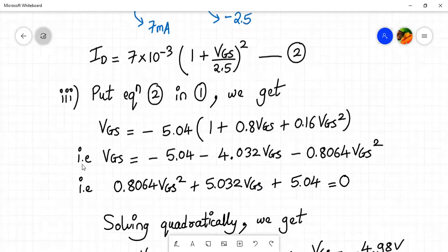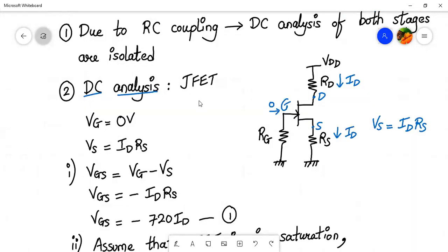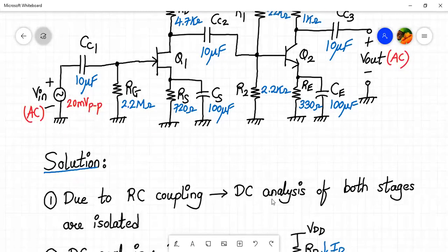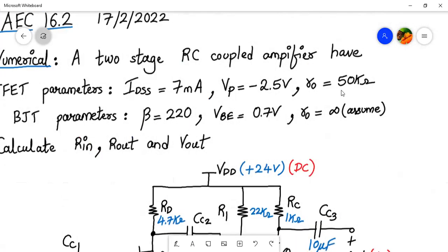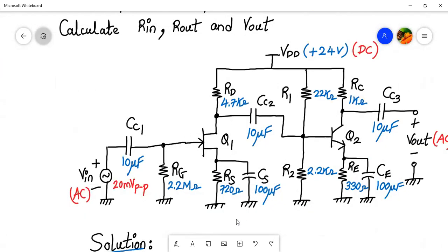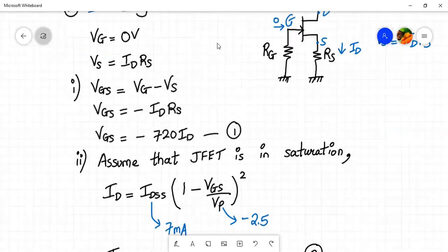Why are we calling it GM1? Because this is the first stage, and the second stage will also have a GM. To distinguish first stage from second stage, we call it GM1, internal parameter. Also we call RO, which is 50 kilo ohm, as RO1, because 1 stands for first stage. Let me continue with the analysis.